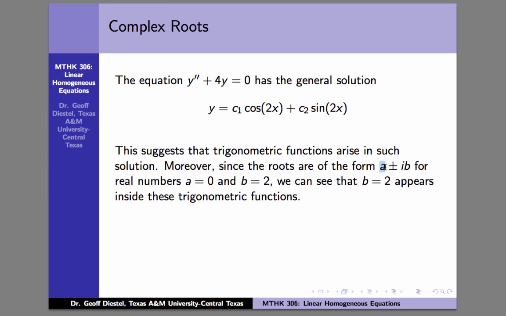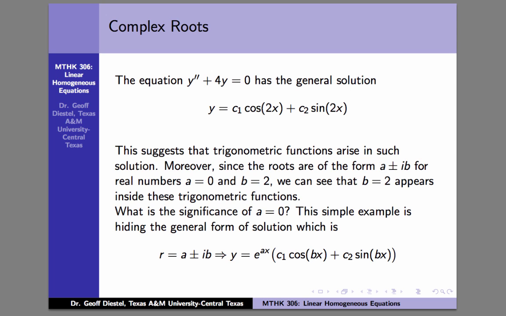What's happening here in our general solution is once we find these complex roots, the a and the b fall into place. The b determines our trigonometric part, which has the two constants, and then we just multiply each of those by a factor e to the ax.